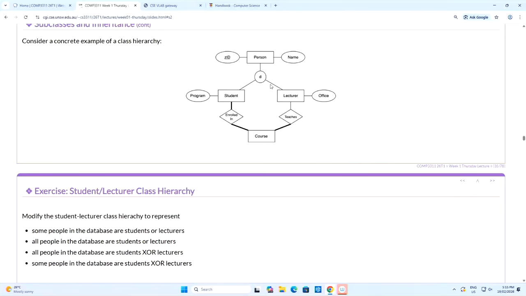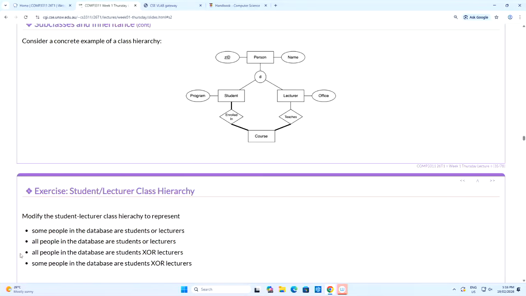If you see exclusive or over there, then it means A or B, but not both. So what if all people in the database are students or lecturers or both? Then we should indicate that this is a total participation. So everybody in the university is either a student or a lecturer or both.